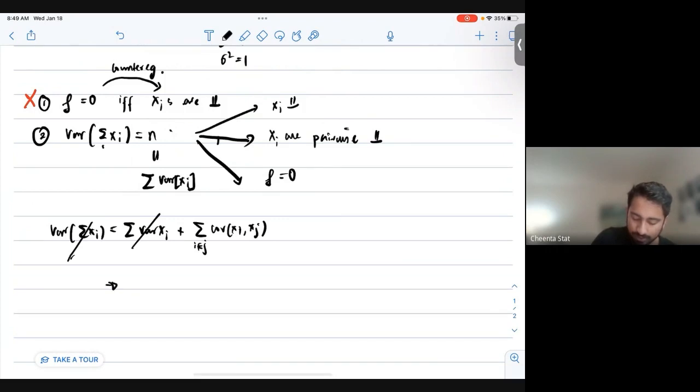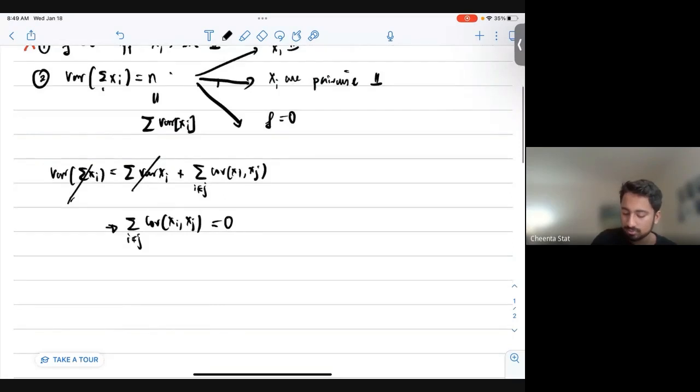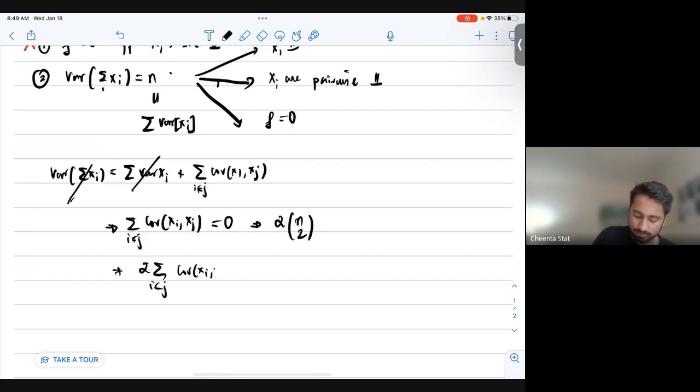So we have the summation over i not equal to j of covariance of xi xj is equal to 0. Now we know covariance of xi xj is equal to rho. So it's twice n choose 2, because you can write it as twice the summation over i less than j of covariance of xi xj, which is equal to 0.